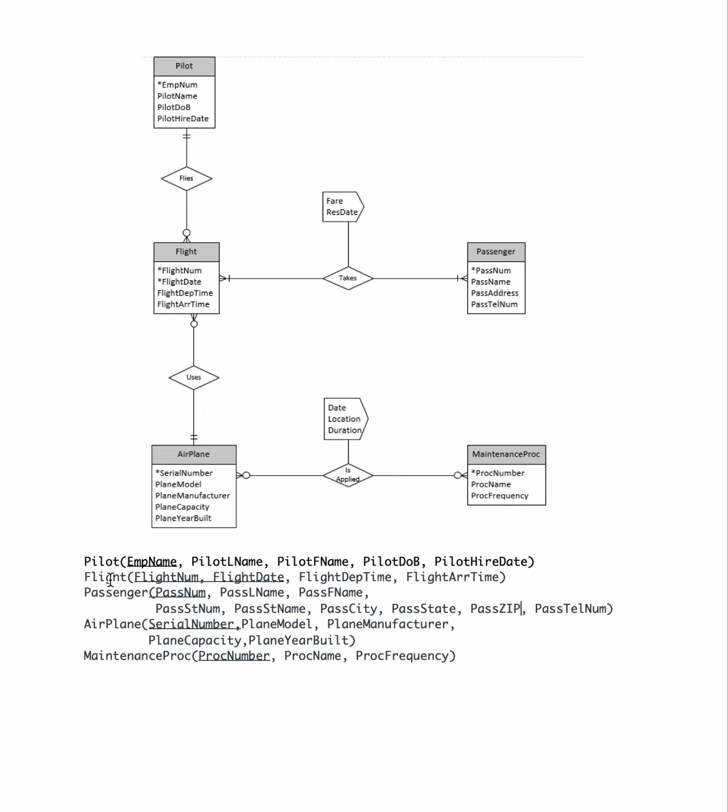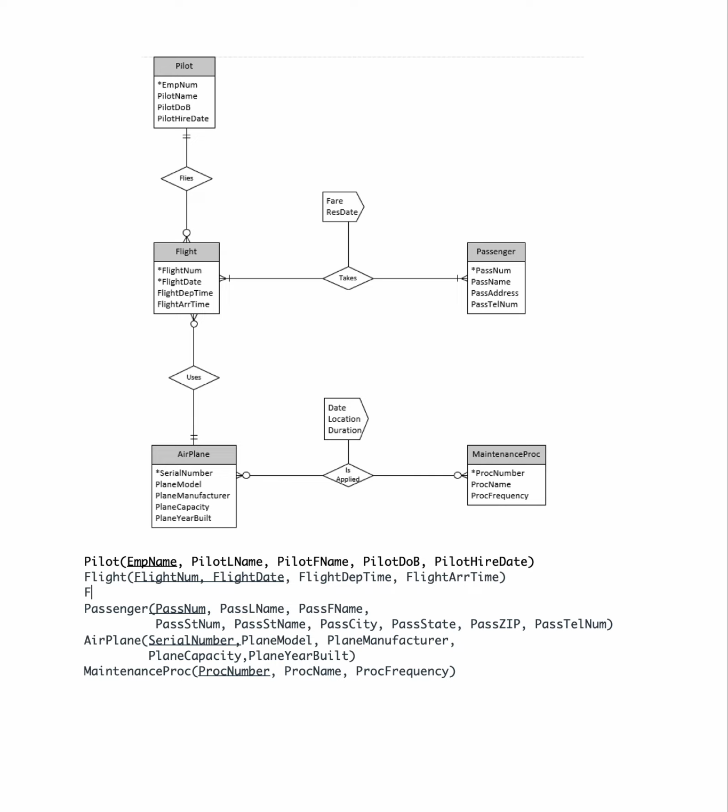So this one is likely to violate second normal form, because flight departure time and flight arrival time depend on flight number only. We're going to solve this by pulling this apart.